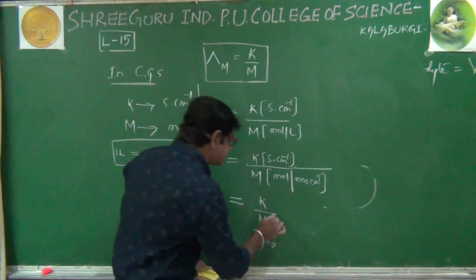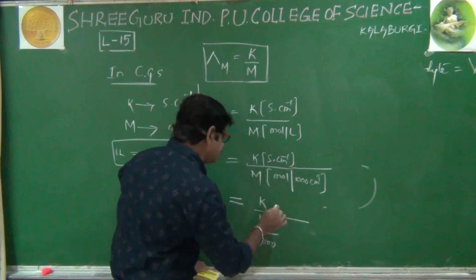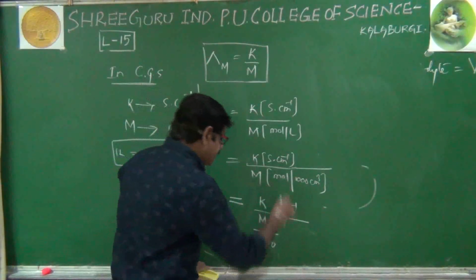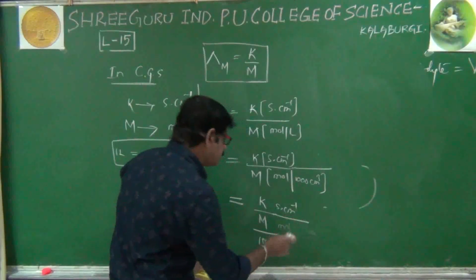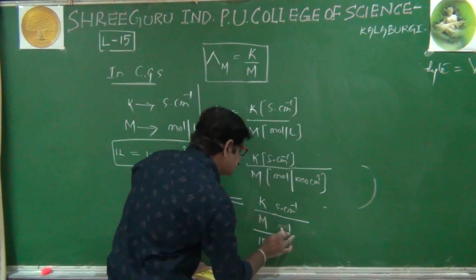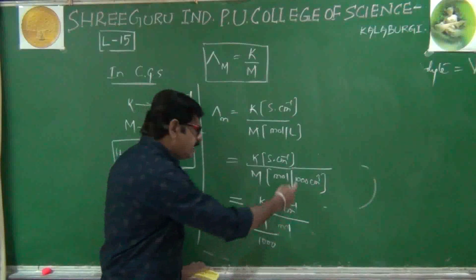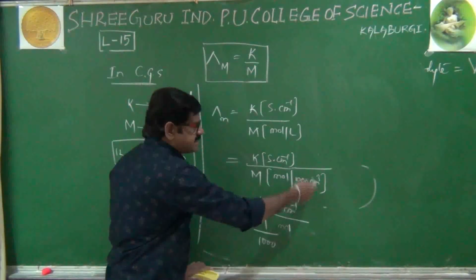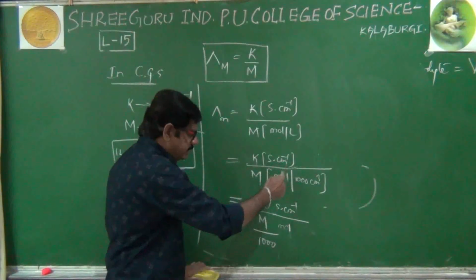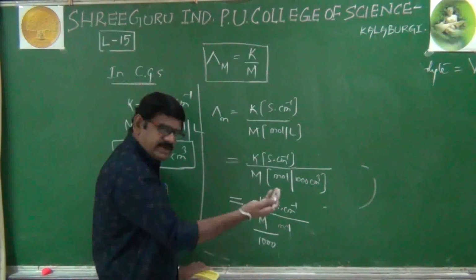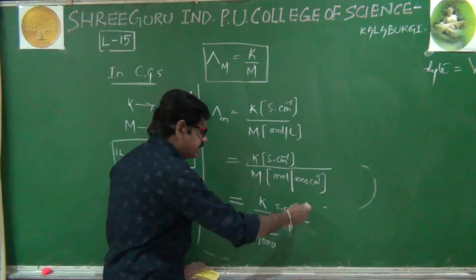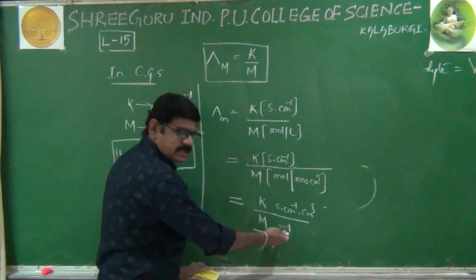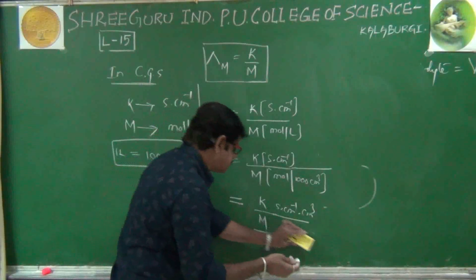Now units as they are: Siemens per centimeter, then divided by mole, then 1 by centimeter cube. Definitely centimeter cube will shift up, therefore I will write centimeter cube, and in the denominator only mole is left.